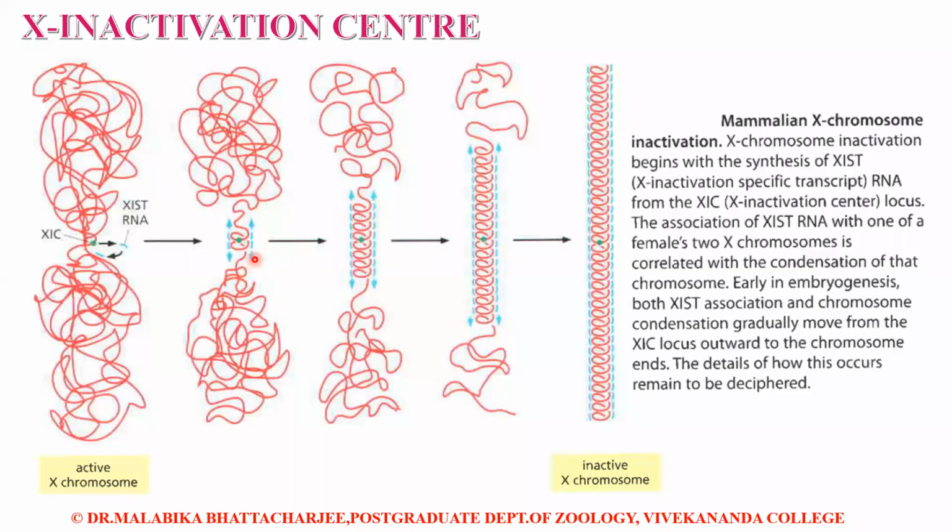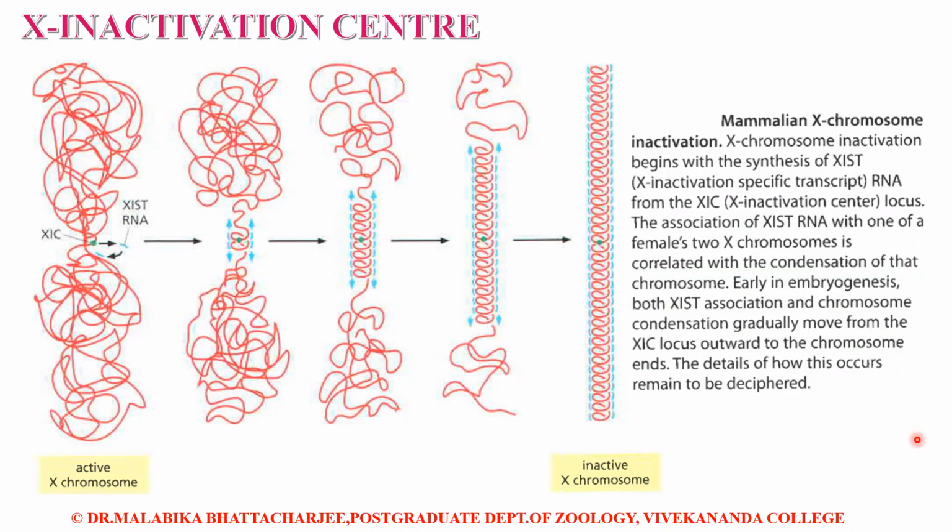The chromatin remodeling along the length of the inactive X chromosome finally condenses the chromosome into a heterochromatic structure, which is known as the Barr body, after the scientist who first observed it. I'll come to that.